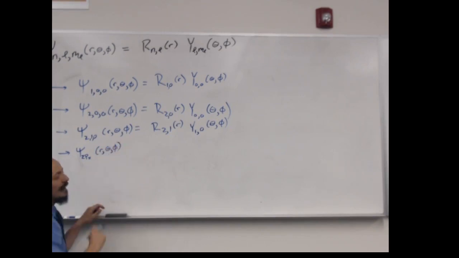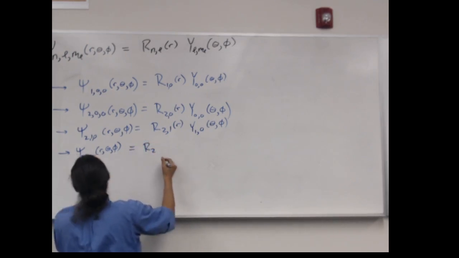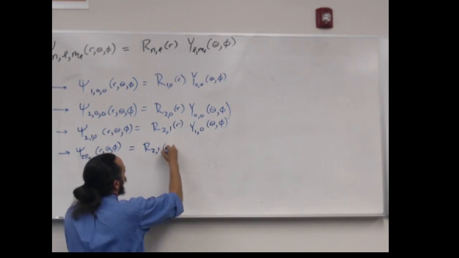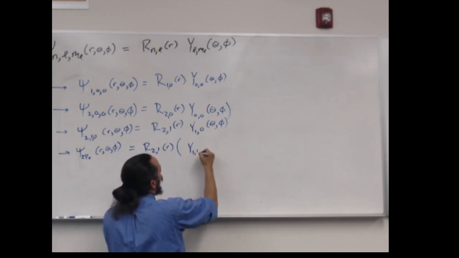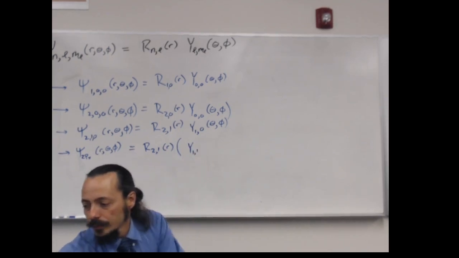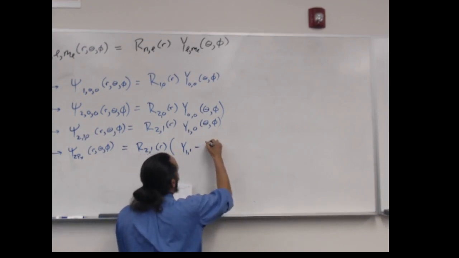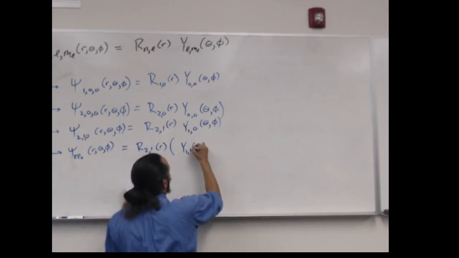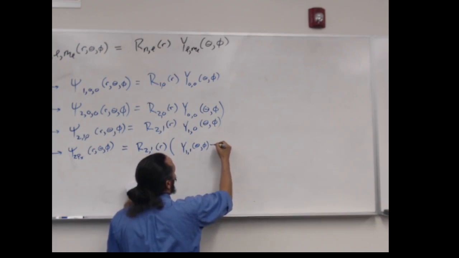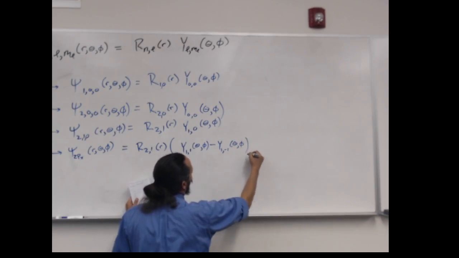As you know from the worksheet that we were doing, if I want this function to be real, so I can talk about some real component here, this is going to be an R21 of r times a Y1,1 of theta phi minus a Y1,minus 1 of theta and phi.